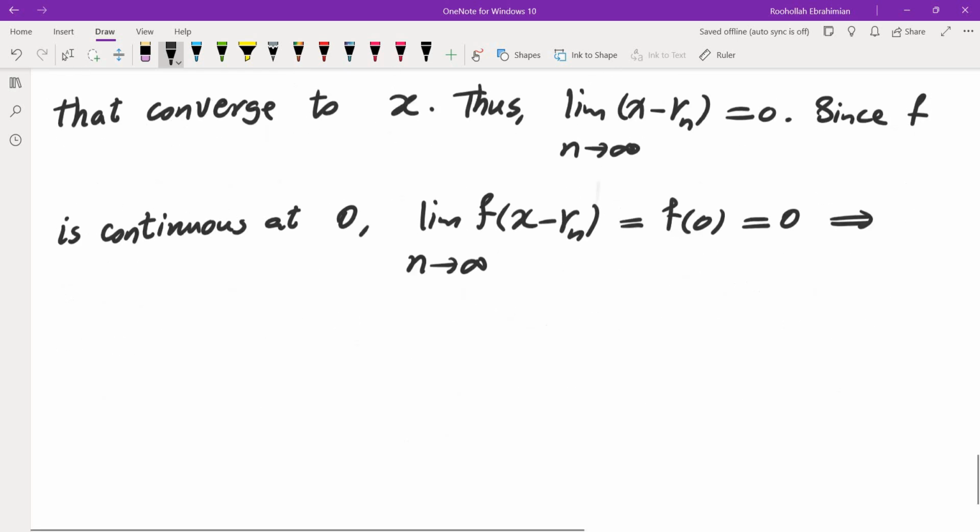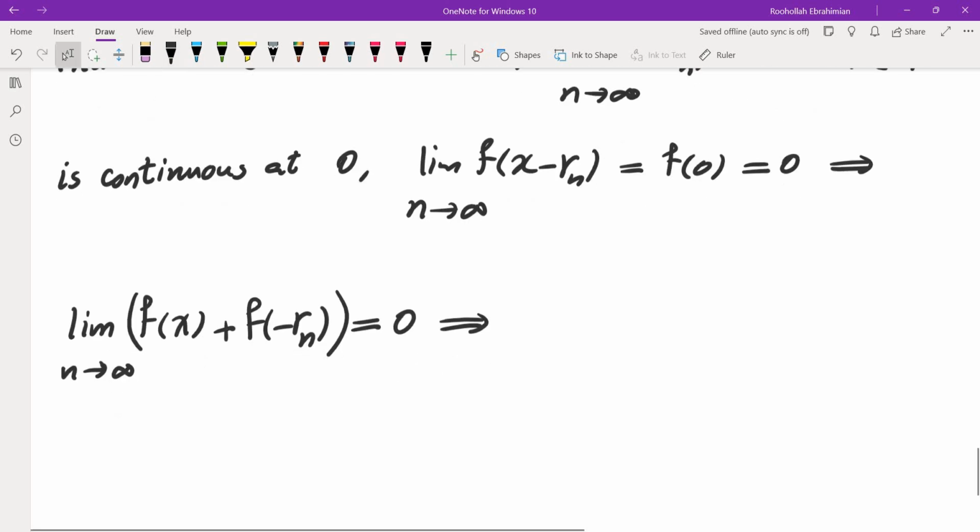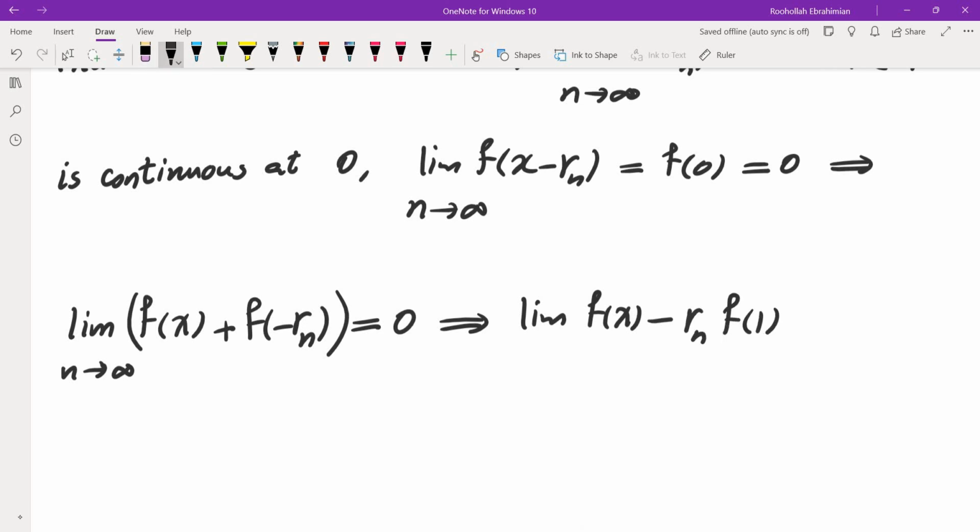So that means limit of, we're going to use the property of f. It is f of x plus f of negative Rn. f of negative Rn is negative Rn f of 1. So this is the limit f of x plus negative Rn f of 1, because Rn is rational, and that's 0.